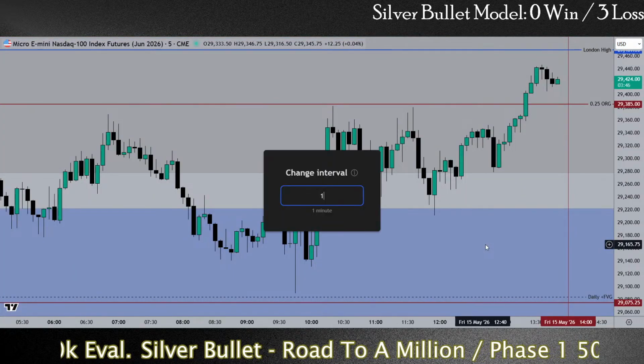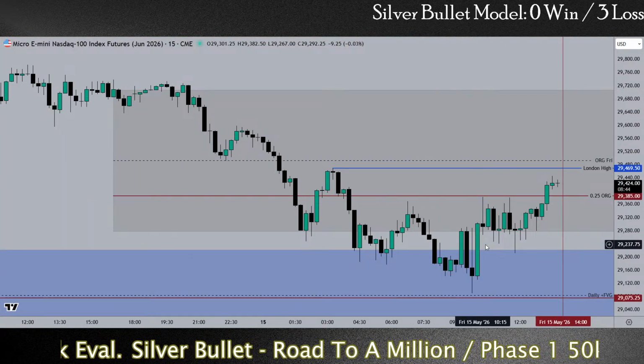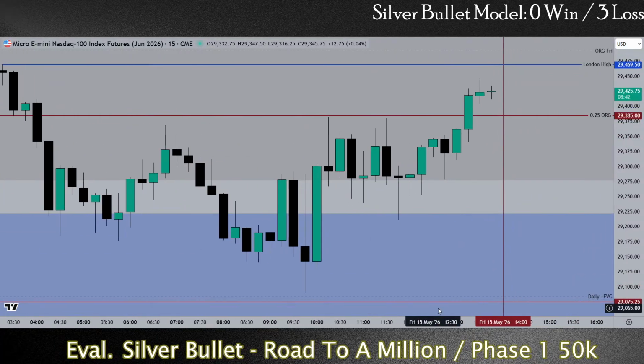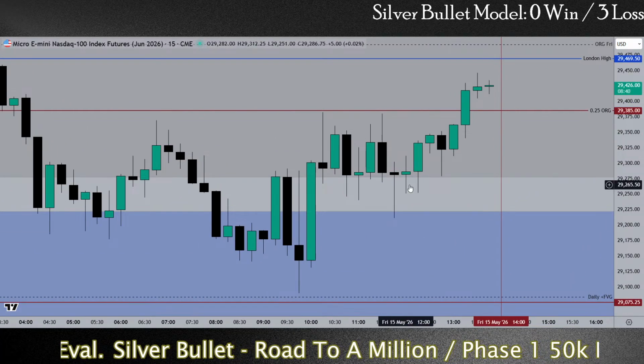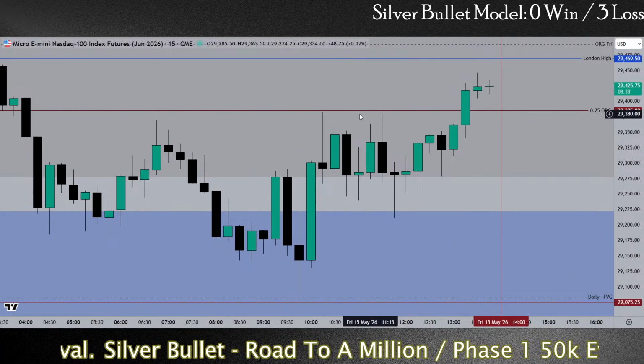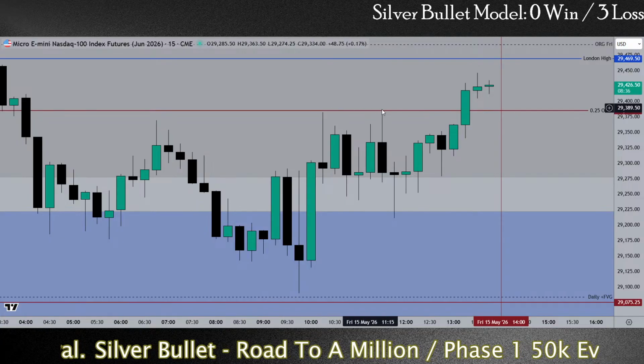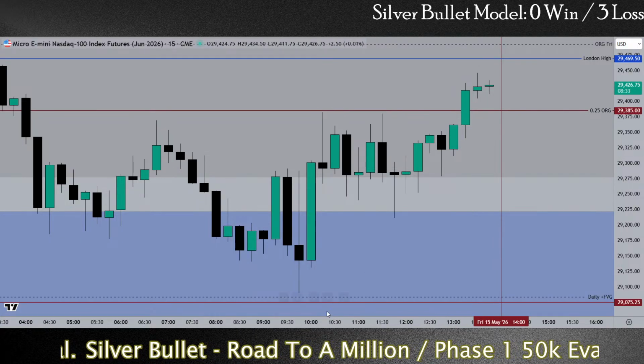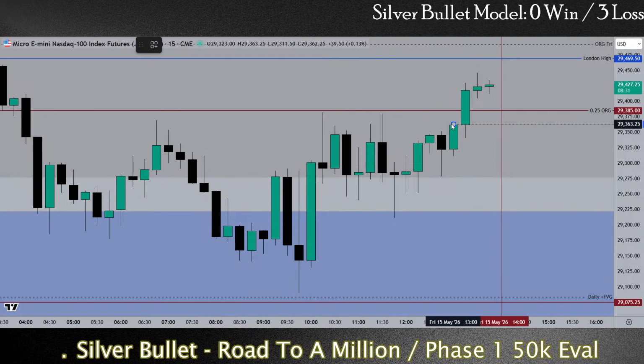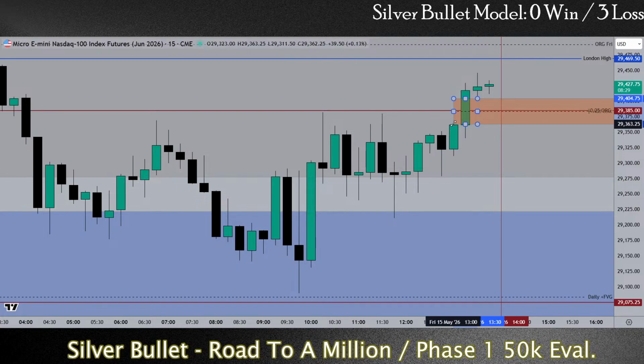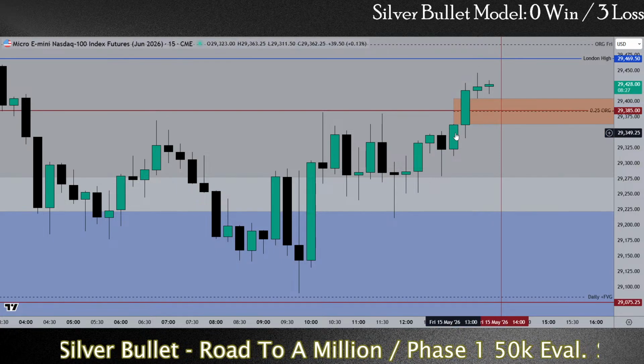Let's check 5-minute chart, 15-minute chart. So 15-minute chart, we've taken relative equal highs, but we also formed an inefficiency. Let me see.